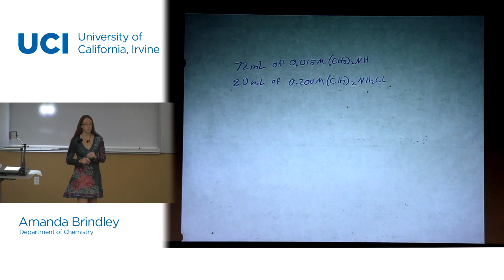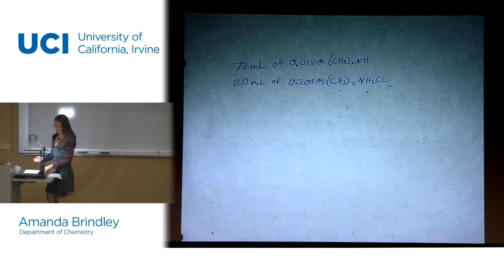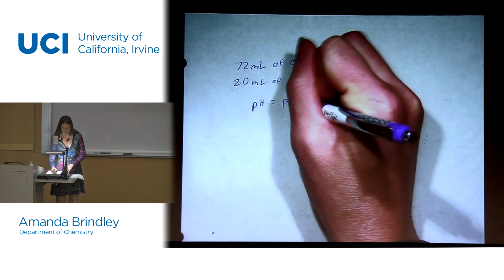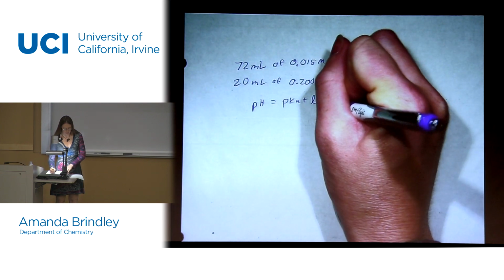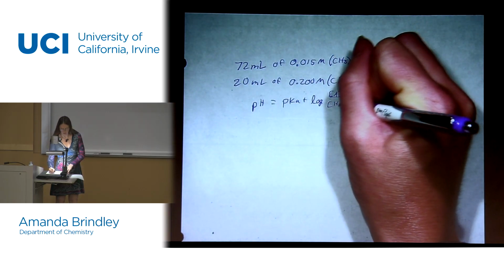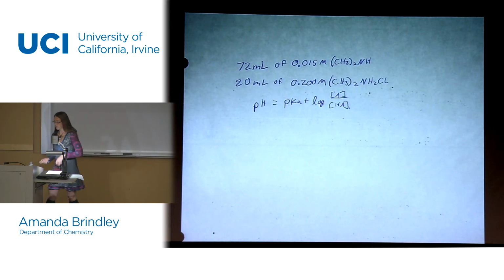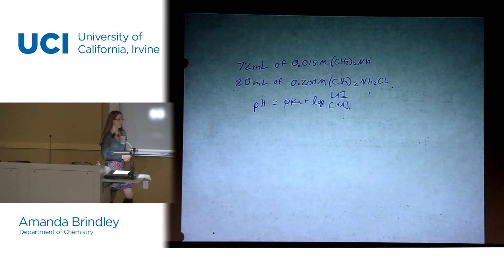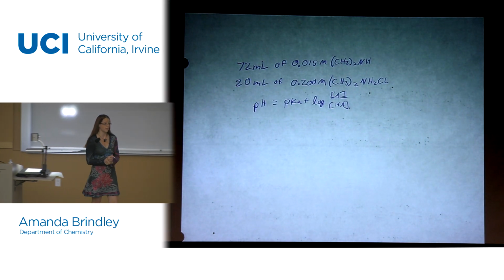Now, we need to go through and say, I want to fill into the Henderson-Hasselbalch. This is our goal. If you're still having a lot of problems with general problem-solving techniques, because I know this class is heavy on that, start from the end. So our goal is to fill into this. We have a buffer. We want to fill into the Henderson-Hasselbalch equation.